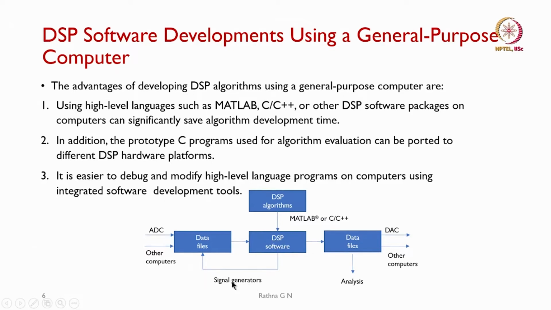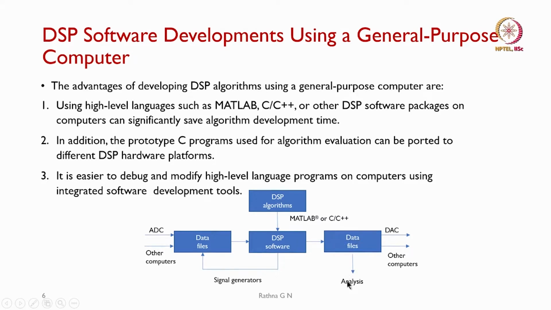So, if everything is done, you can specify some signal generators back, store the output in a data file, and then it can be reused. If the complete algorithm is working satisfactorily, then you will generate the data files.